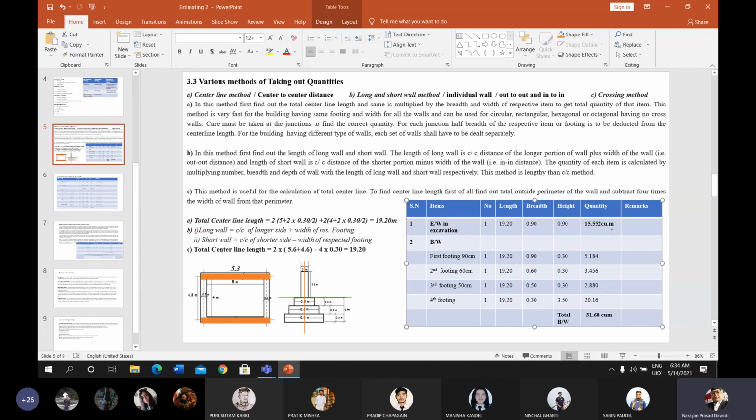Earth work in excavation has 15.550 cubic meter and brick work also has the value of 31.68 cubic meter. The quantity is the same, only the calculation technique is different. This is the long wall and short wall method. Do you understand this? Hello?